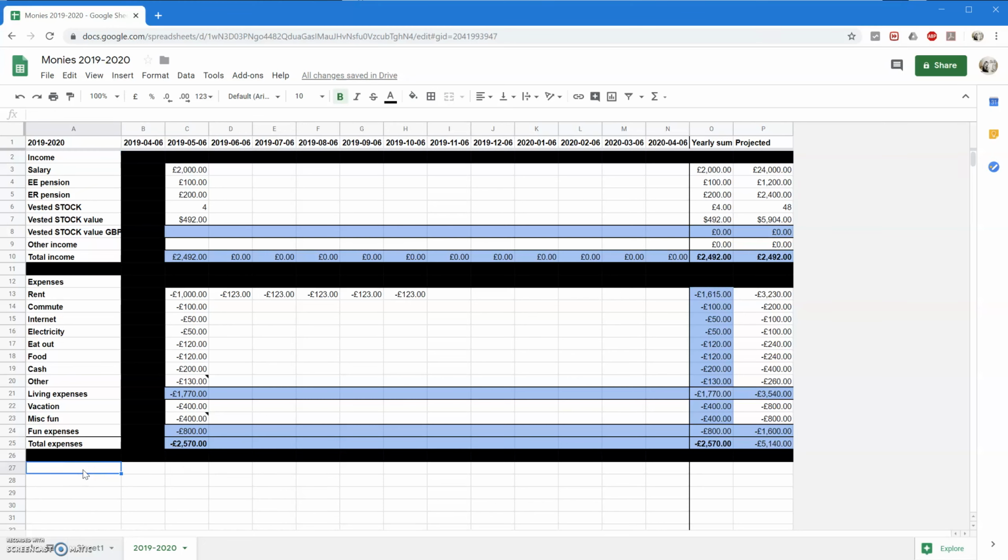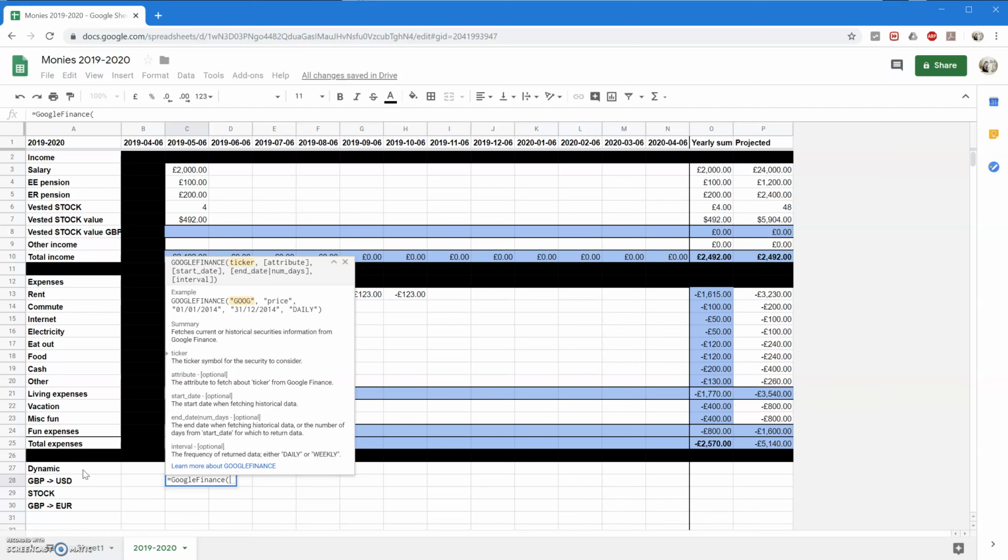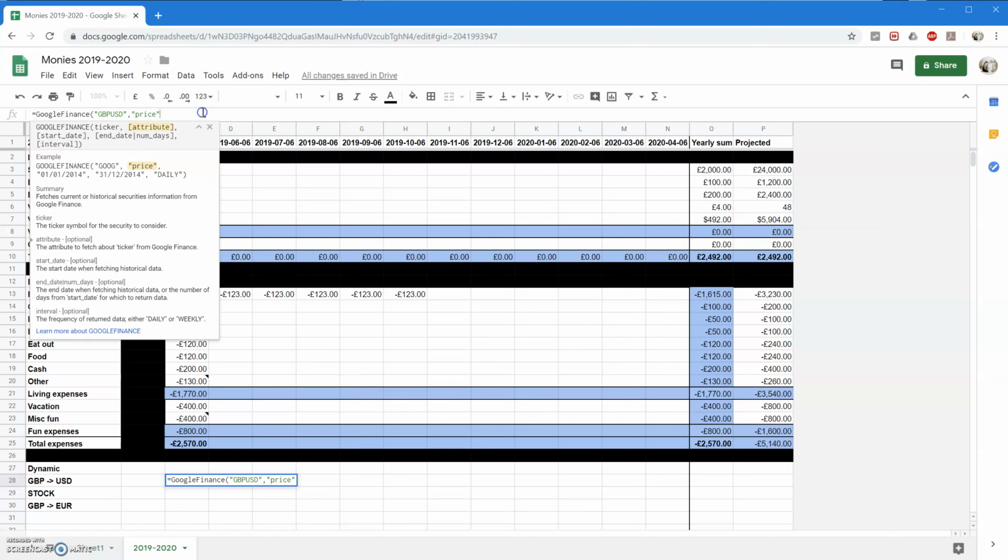Next step, let's put some dynamic data in here. Because we need some historical value, it's a bit more complicated, but it'll work out just fine.